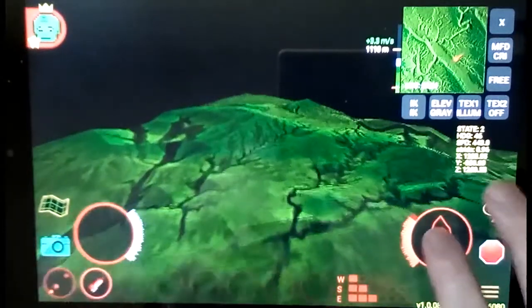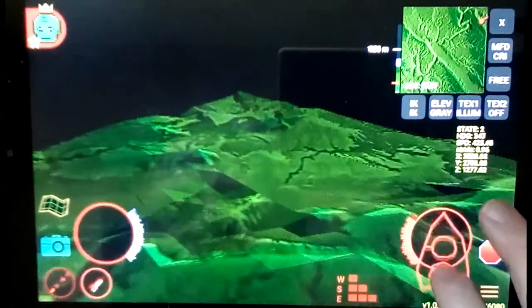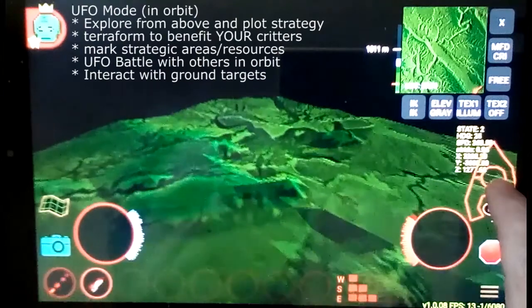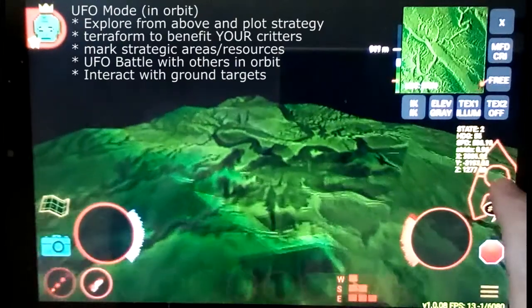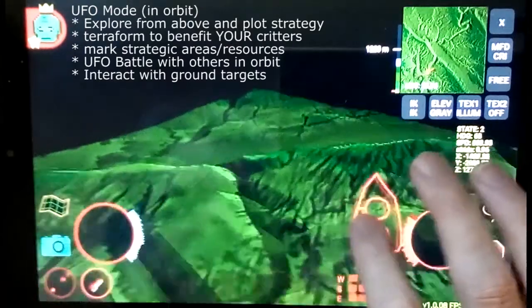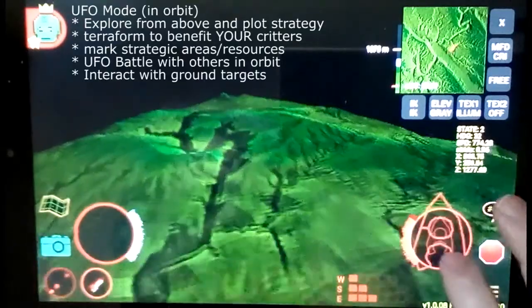And at this point, we're flying around in sort of what I call UFO mode. You just drag this wheel in the direction you wish you were going, and eventually you'll be going that direction. And when you're up high, you can go really fast.